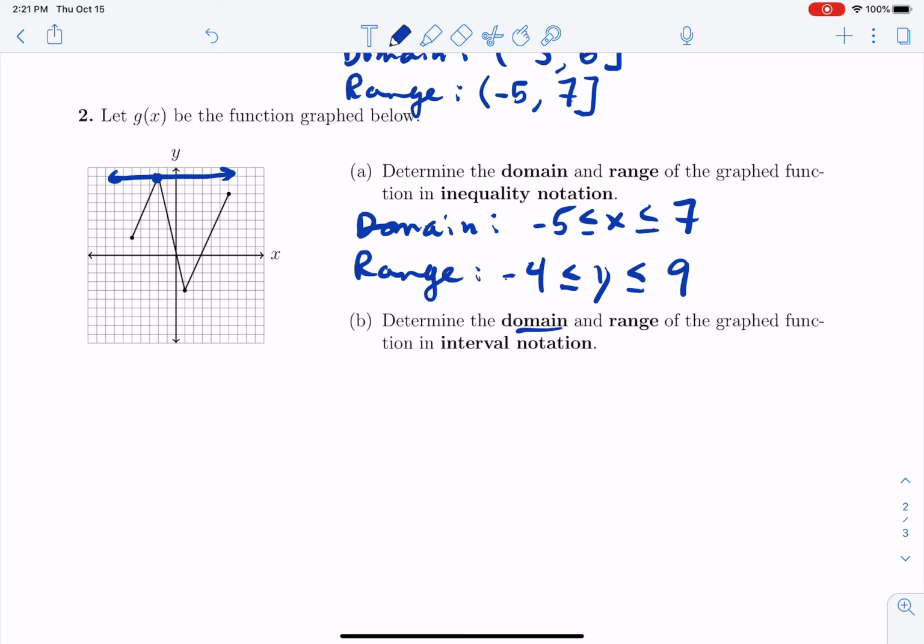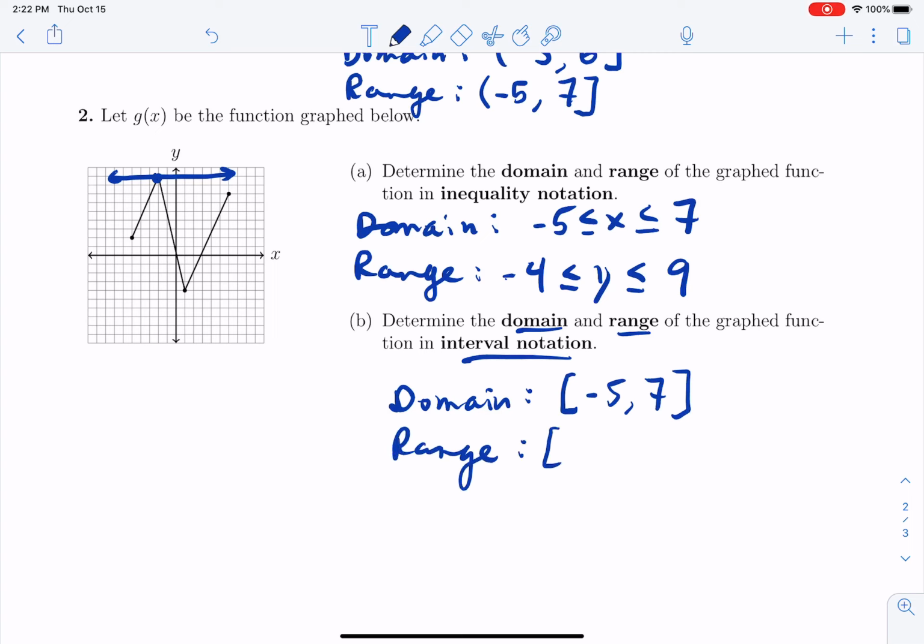Okay, so for the domain and range in interval notation, everything is included here. There's no empty circles. So the domain extends from -5 to 7. The range extends from -4 to 9.